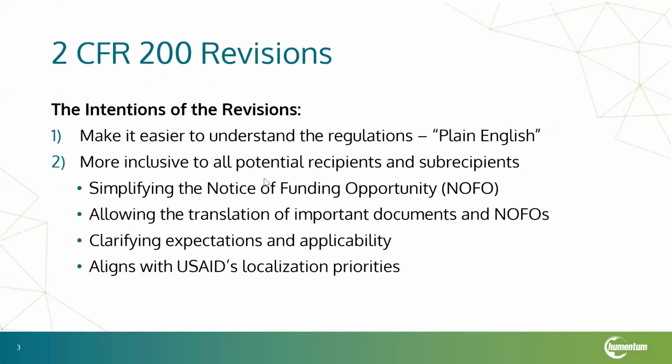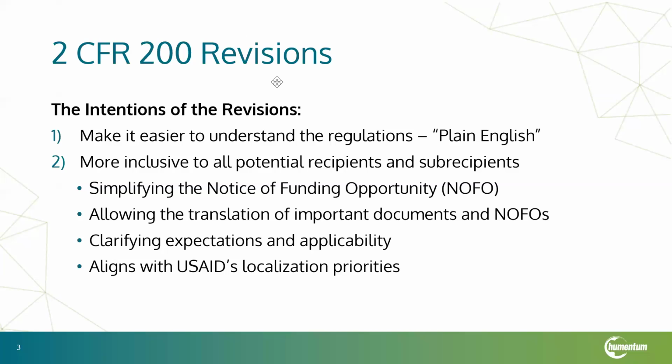So the intention of 2 CFR 200 is to be more inclusive. They've simplified the NOFO process. They most likely are now going to give 60 days to respond instead of the tight 30 days. They're also going to be able to translate it into different languages, and hopefully you can respond also in different languages.